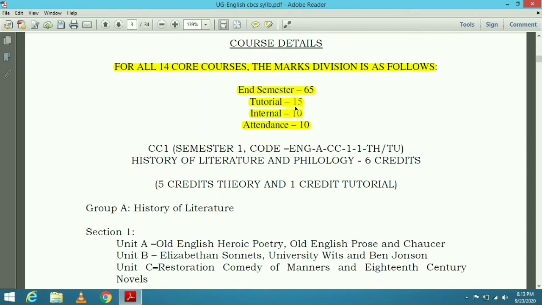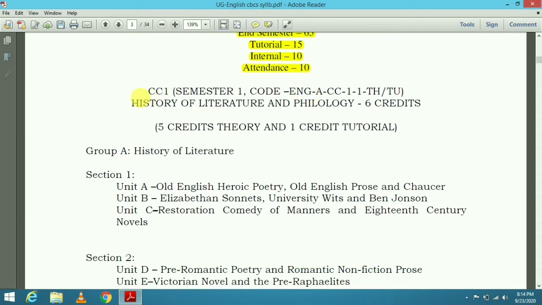PPT means you have to make a presentation on particular courses you will be given, and describe those things in class in front of the professor. And end semester means the main exam you will have at the end of your semester. Okay, so this is vital, and this comprises 65 marks.